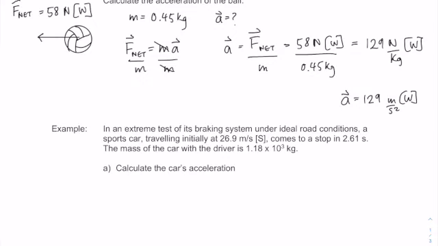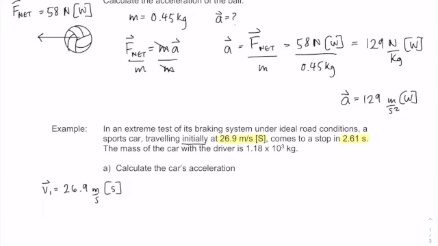Let's start with the first piece of information that's given. It's 26.9 meters per second south. So this is the car's initial velocity. So initial velocity is 26.9 meters per second south. They tell us that the car comes to a stop in 2.61 seconds. Now there's a couple of pieces of information that are present in that one statement.